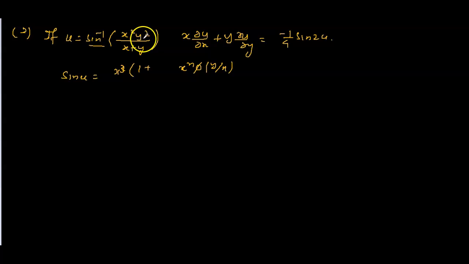If you take x cube common, y by x will be there, but here y by x won't appear, because y square divided by x cube is put in, so you have to take y square by x cube.